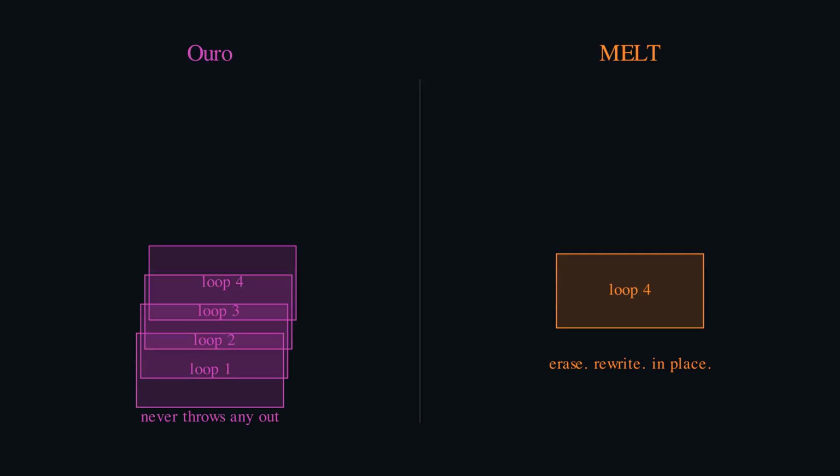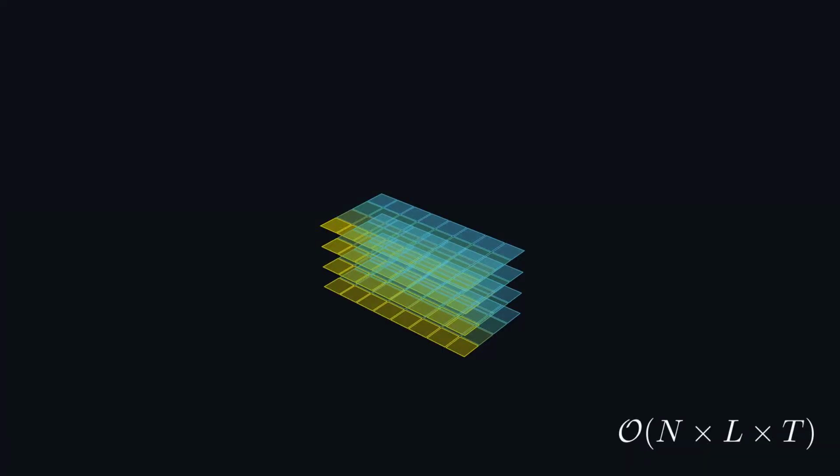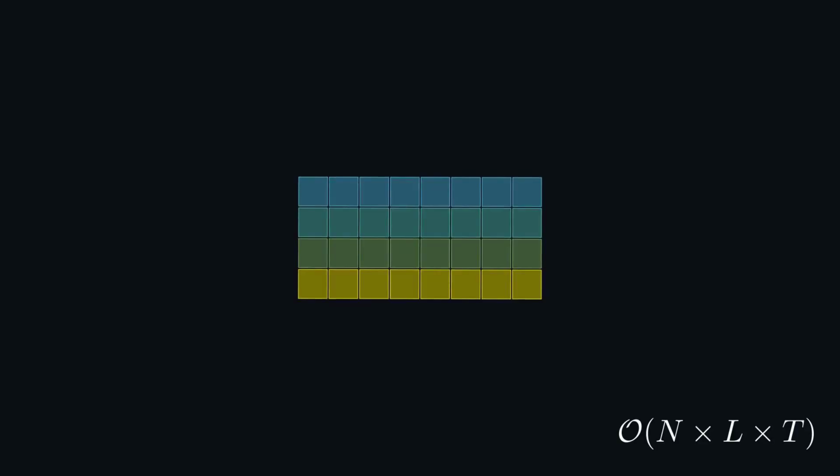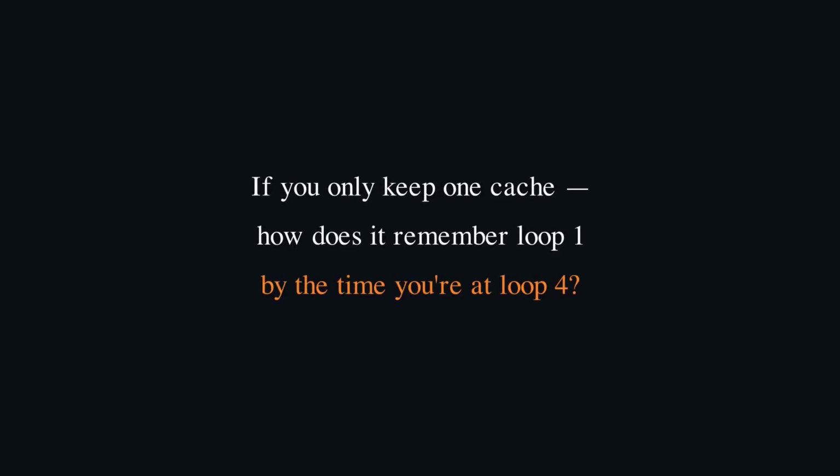MELT keeps 1 sheet, erases, rewrites, in place. That collapses a 3-dimensional cache back into 2. But it raises the obvious question. If you only keep 1 cache, how does it remember loop 1 by the time you're at loop 4?